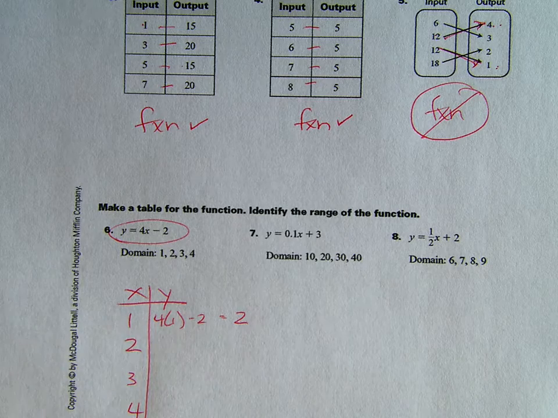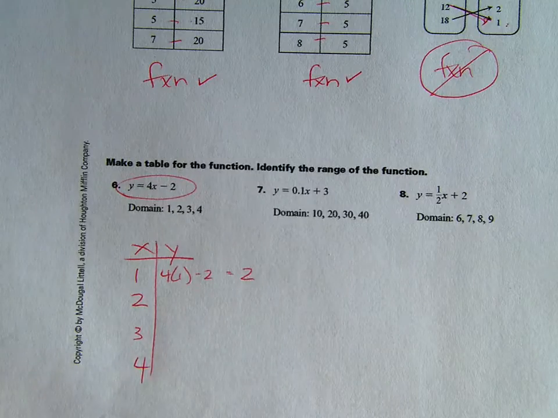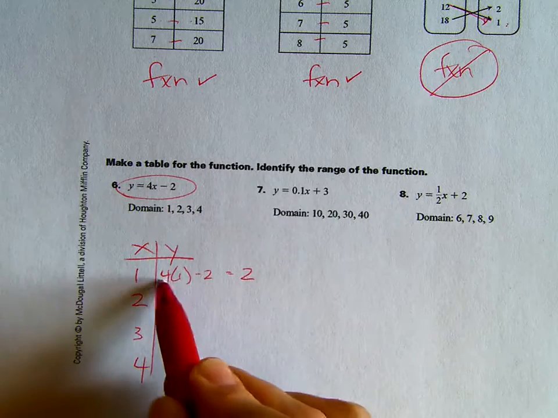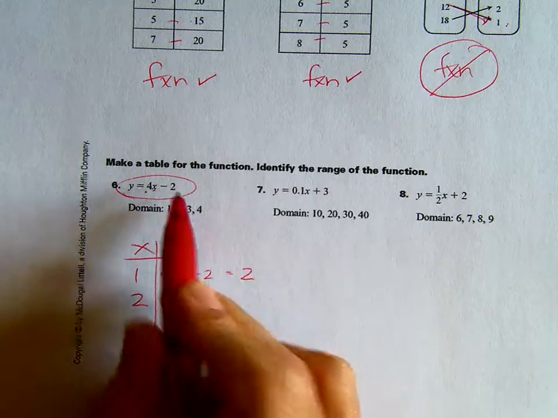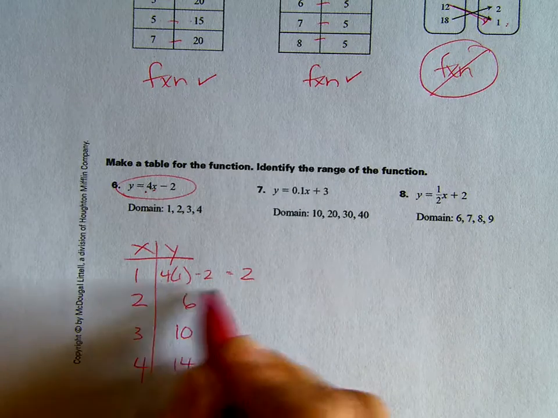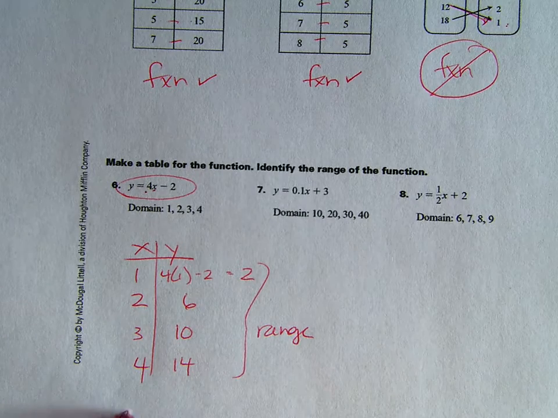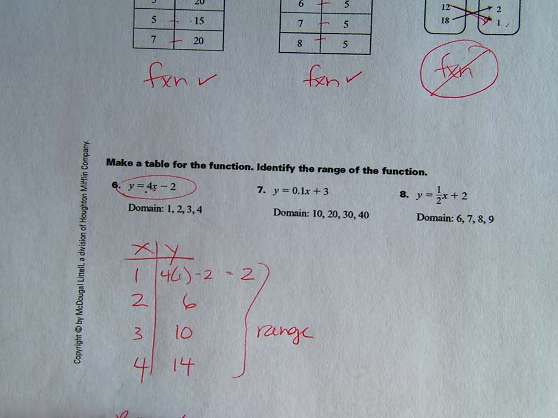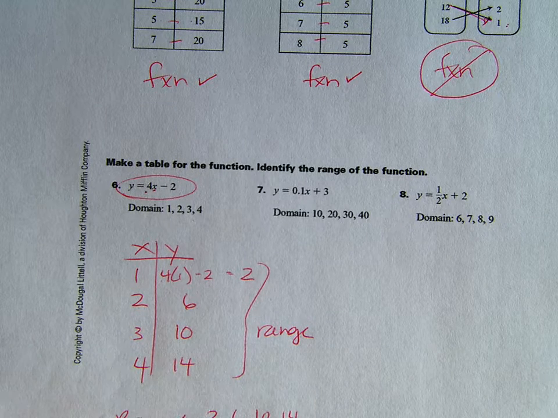You don't have to keep putting this in there. I'm just showing you that's how the rule works. And 4 times 2 would be 8, minus 2 is 6. 4 times 3 is 12, minus 2 is 10. 4 times 4 is 16, minus 2 is 14. So this is my range. So I would say my range is 2, 6, 10, 14.